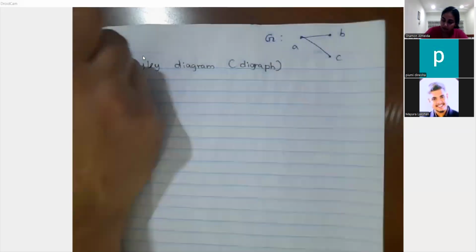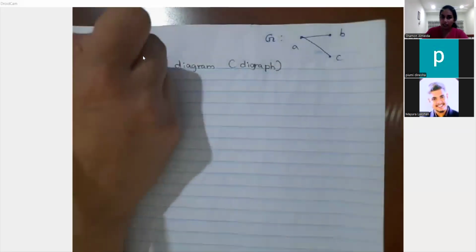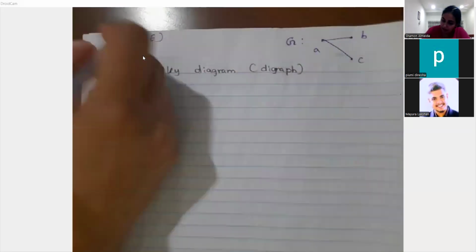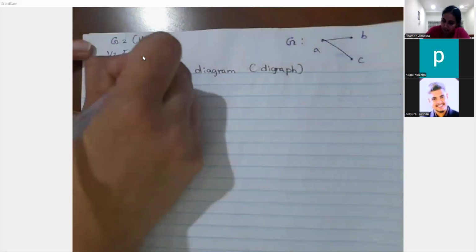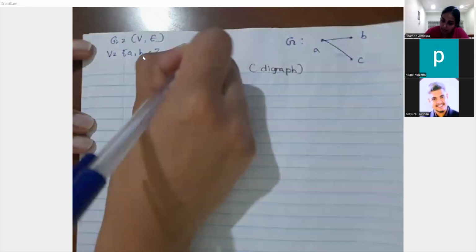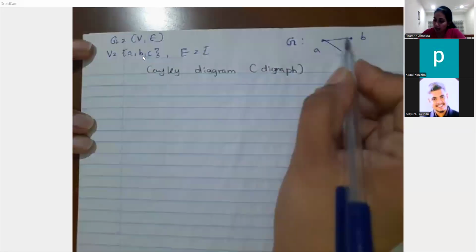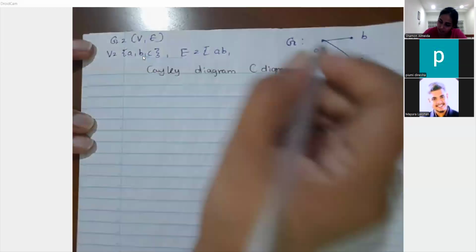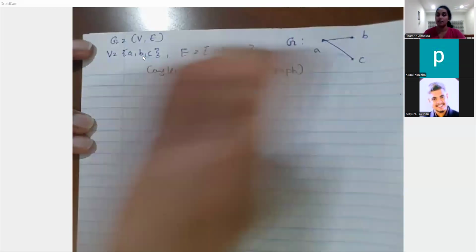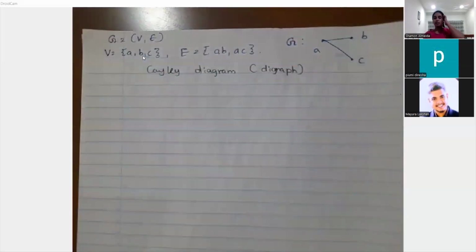So G can be given by the pair V, E, where V is the vertex set. So it has three vertices A, B, C, and E is the edge set. This is one edge connecting AB. So AB will give you one edge, the other edge will be AC, right?